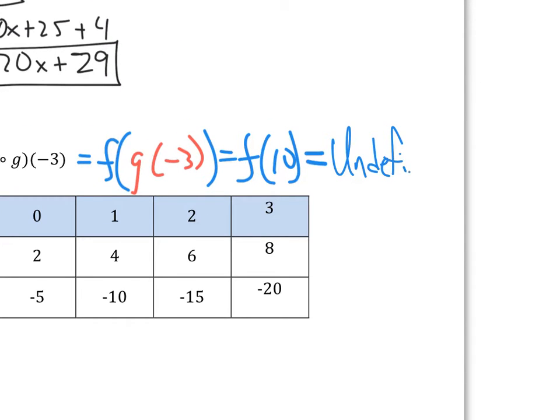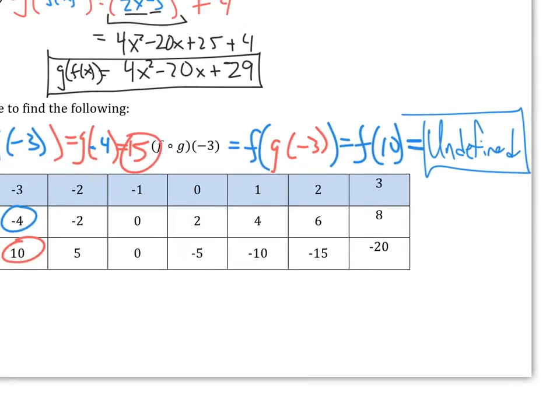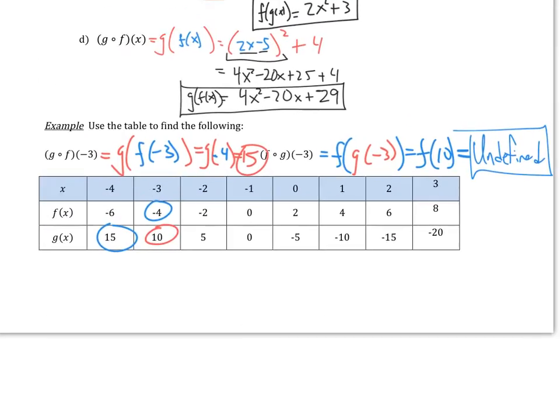All right? So the reason this is undefined is that g of negative 3 is not in the domain of f. So the output of g is not in f.